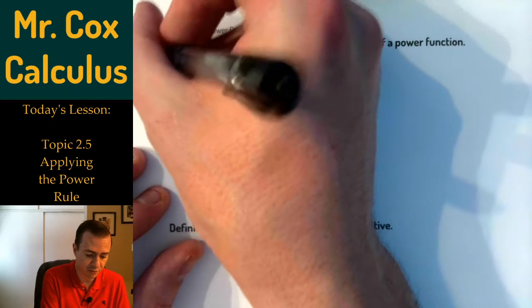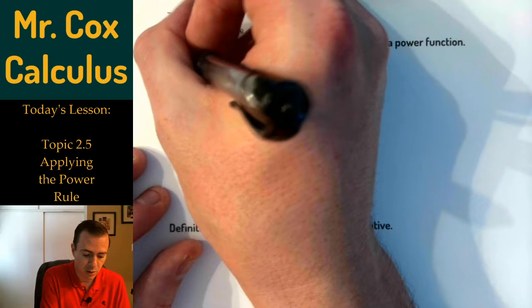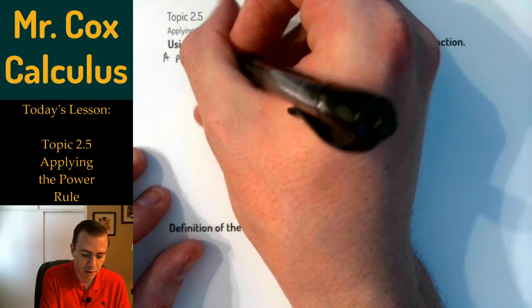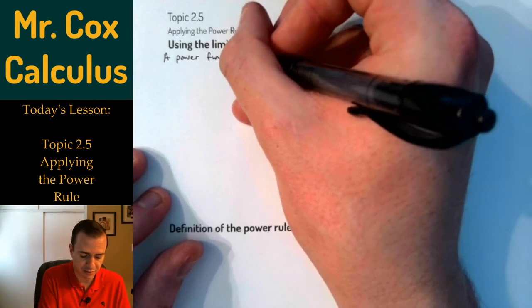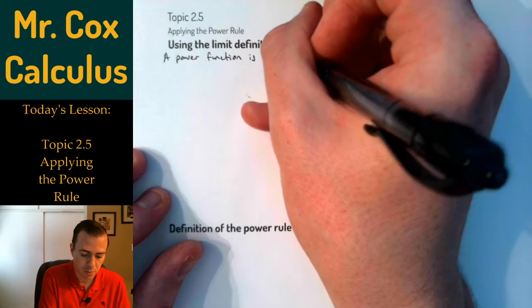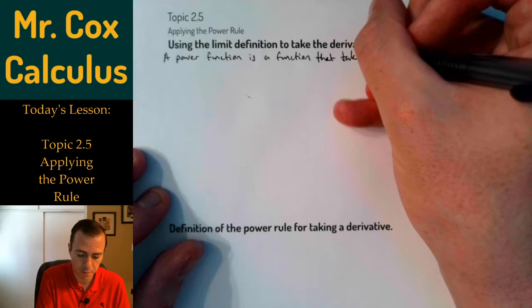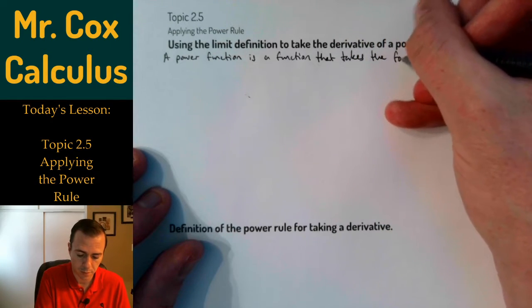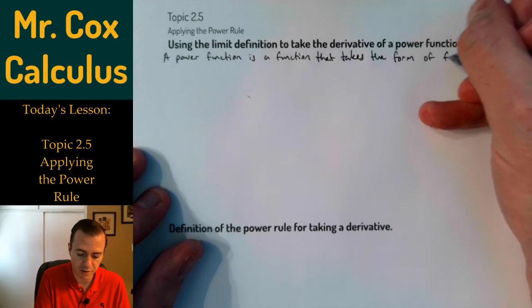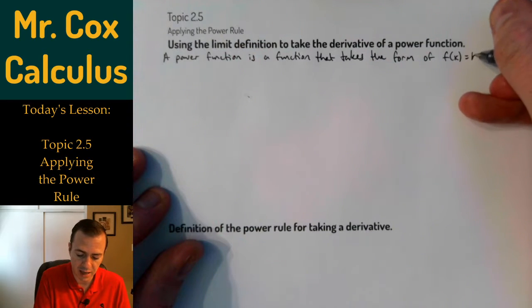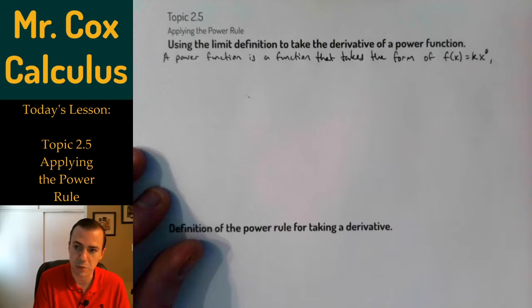So just to define what we mean when we say a power function. A power function is a function that takes the form of f of x equals kx to the p.